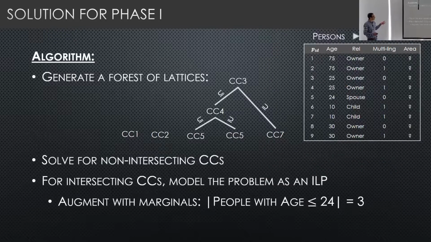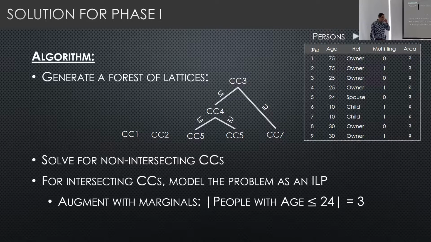The algorithm for completing the join view is as follows. We generate a forest of lattices that models the containment relationship, as we see in an example on the slide. And then we remove all the lattices that contain intersecting CCs. We then traverse the remaining lattices in a bottom-up fashion, satisfying the CCs while completing the appropriate tuples in the join view.